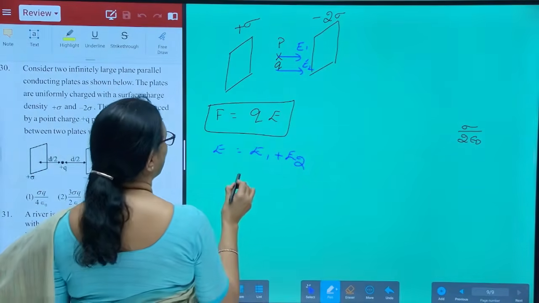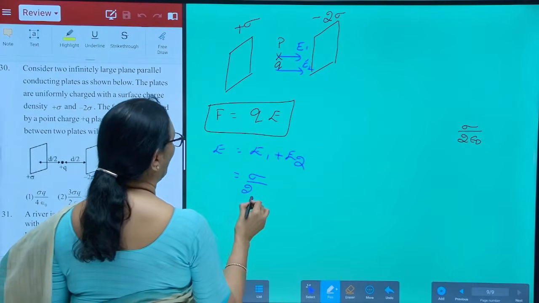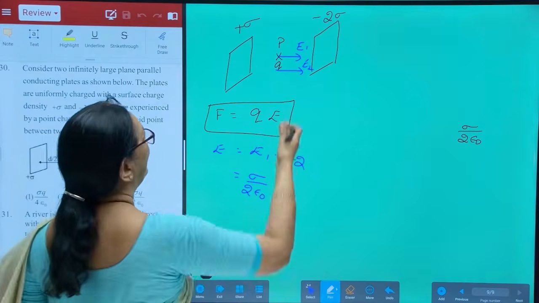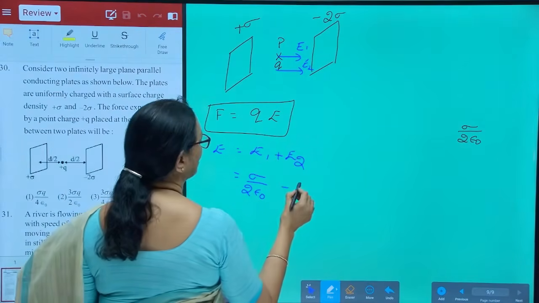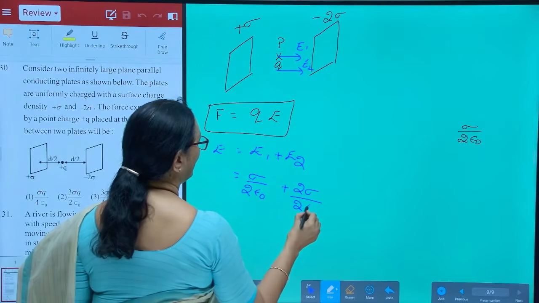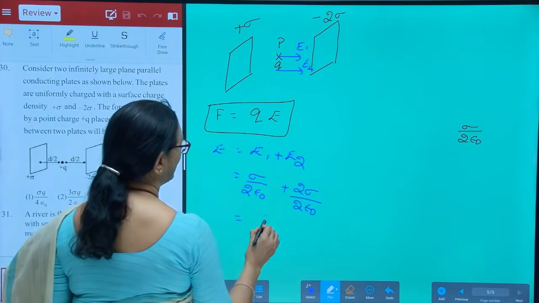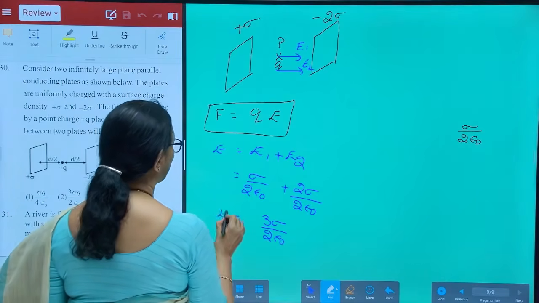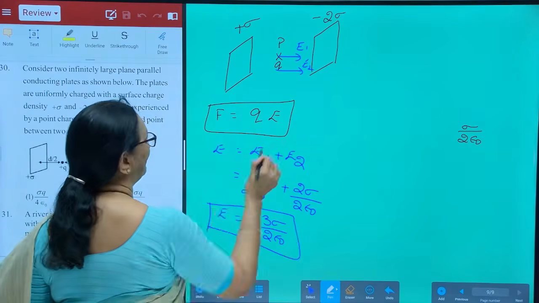Due to this sheet, it is sigma by 2 epsilon naught, as its charge density is sigma. Here the charge density is 2 sigma, so it becomes 2 sigma by 2 epsilon naught. So 2 plus 1, it is 3 sigma by 2 epsilon naught, the electric field intensity at that point.